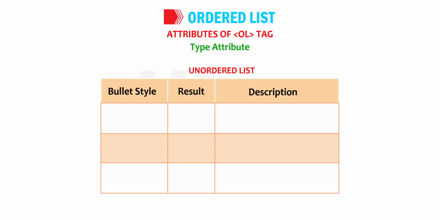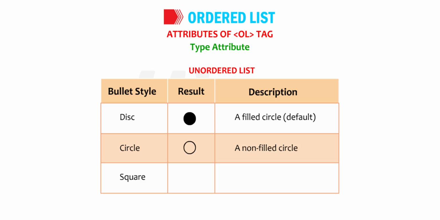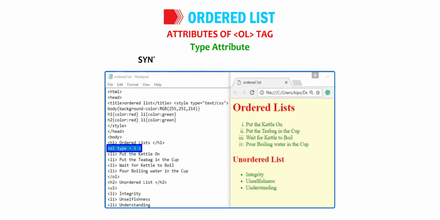Unordered list bullet styles: disk, result, a filled circle, default; circle, result, a non-filled circle; square, result, a filled square.